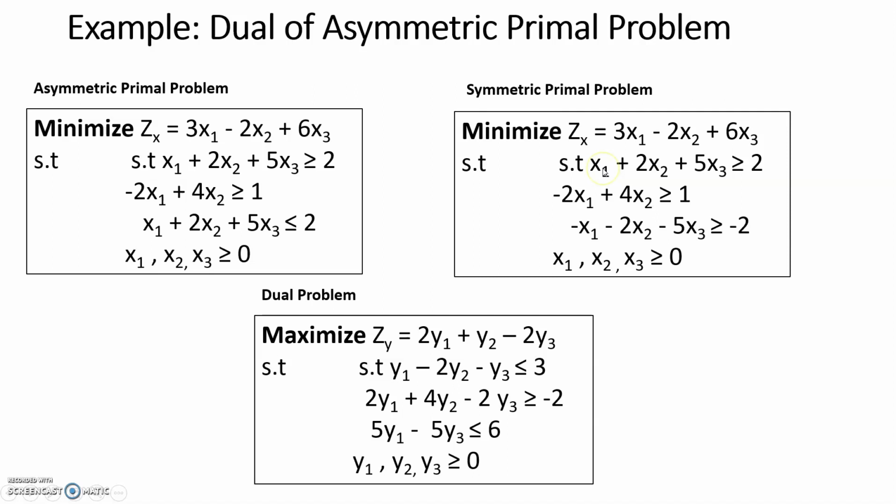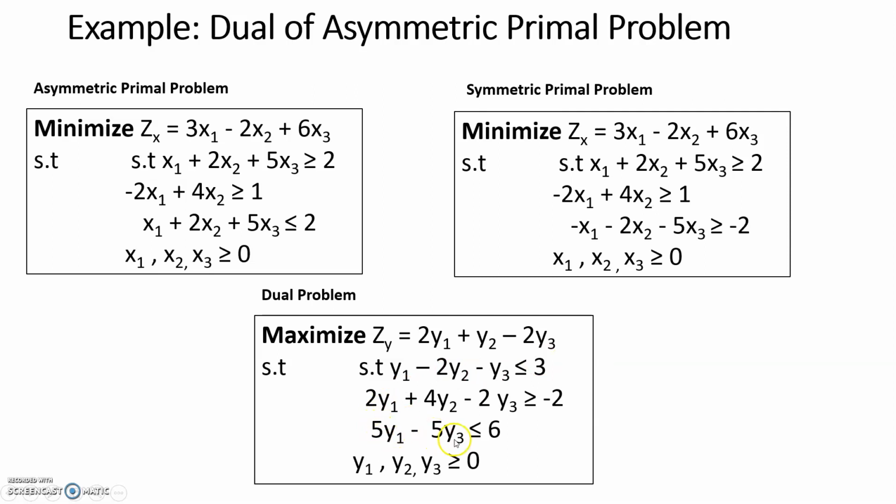So the coefficients of x1 are 1, -2 and -1, so this will become the first constraint: 1, -2 and -1. Second column 2, 4, -2 becomes the second constraint: 2, 4, -2, and coefficients of x3 give us the third line, that is 5, 0, -5.